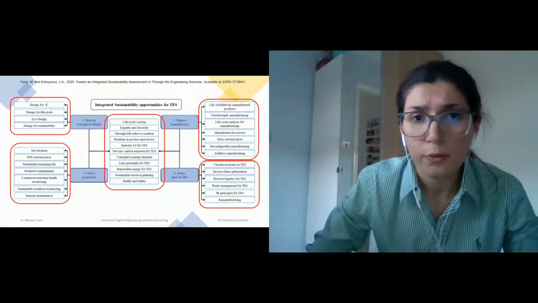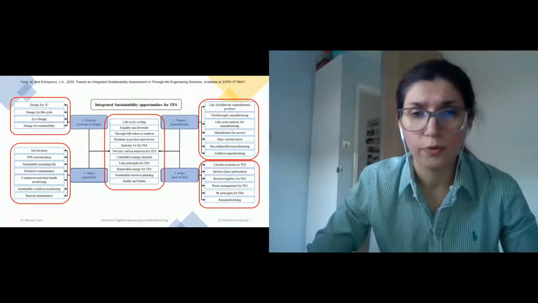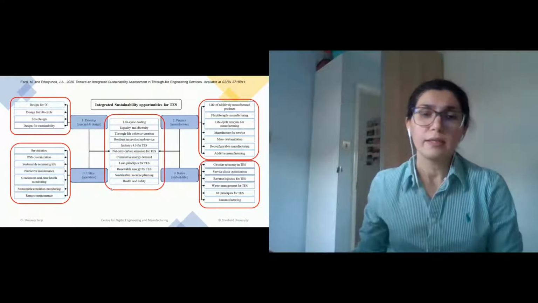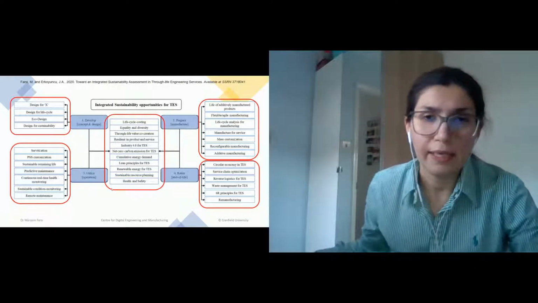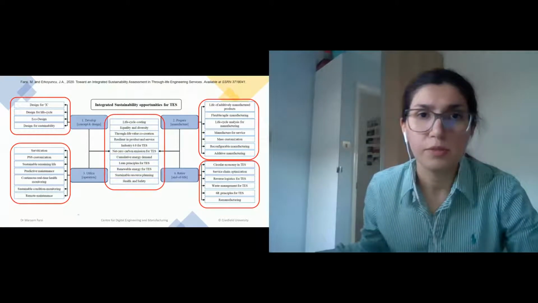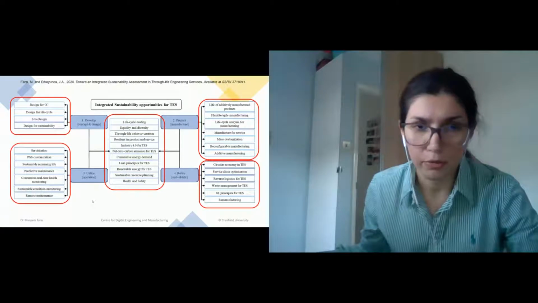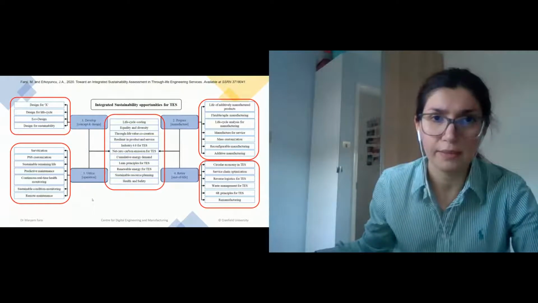Then the Industry 4.0, the net zero carbon, and so on and so forth. So these are the key topics that we identified in terms of the integrated sustainability opportunities for TESS.